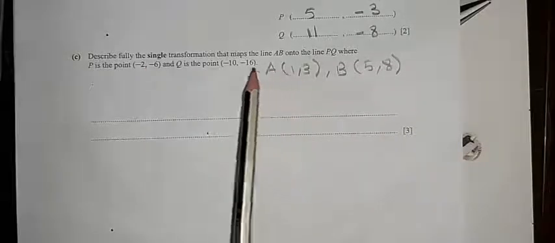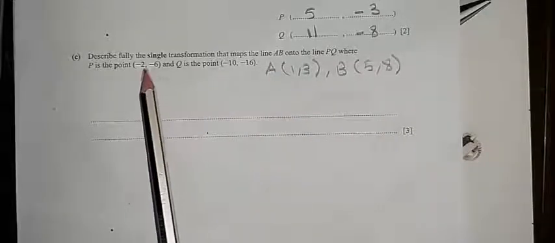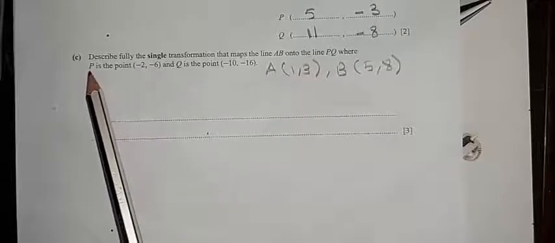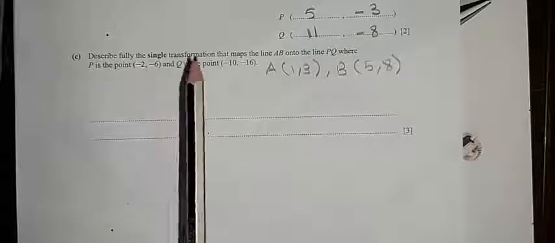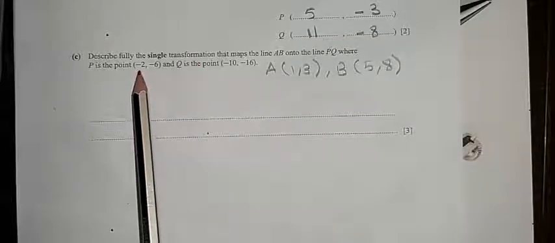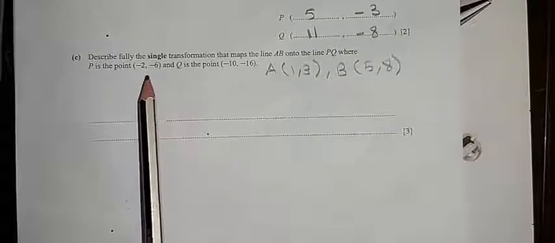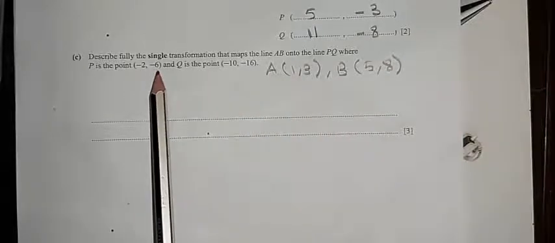If we look at this point P, which is the image of A, its coordinates are -2 and -6. Okay, look here, 1 and 3, here -2 and -6.